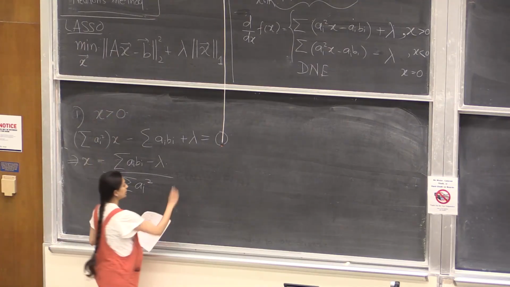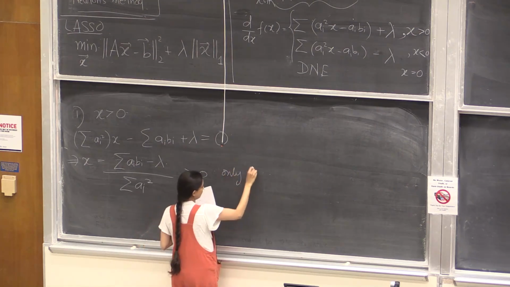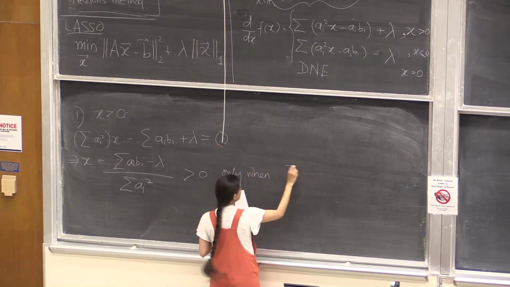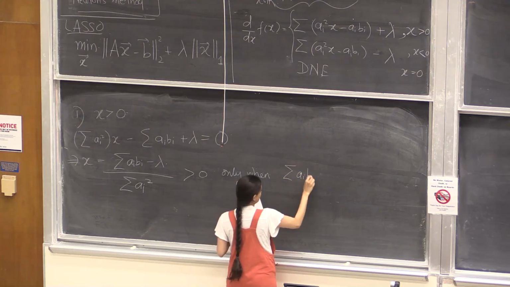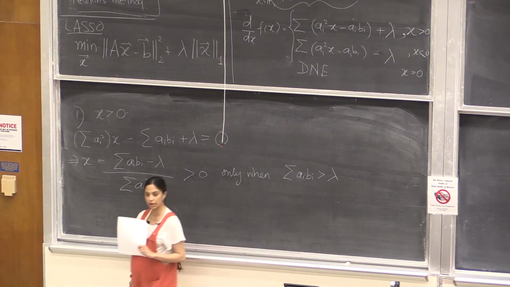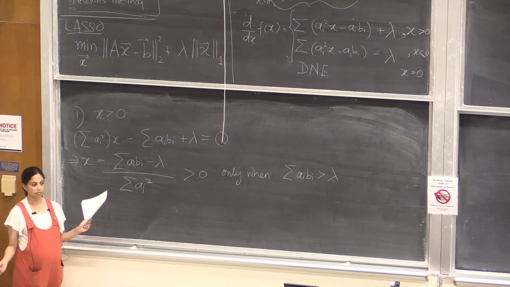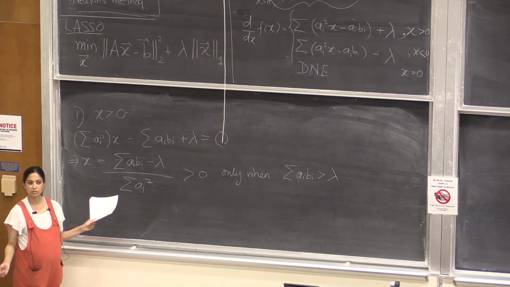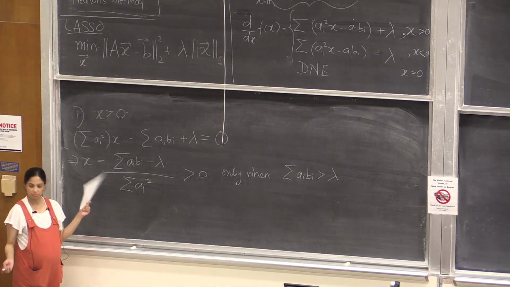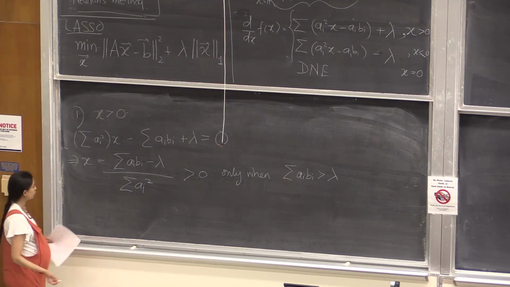So this is positive only when the sum of ai bi is strictly greater than lambda. Clear to everyone? Why does the denominator not matter? Sum of squares of real numbers is always positive, or non-negative. So we're good here.